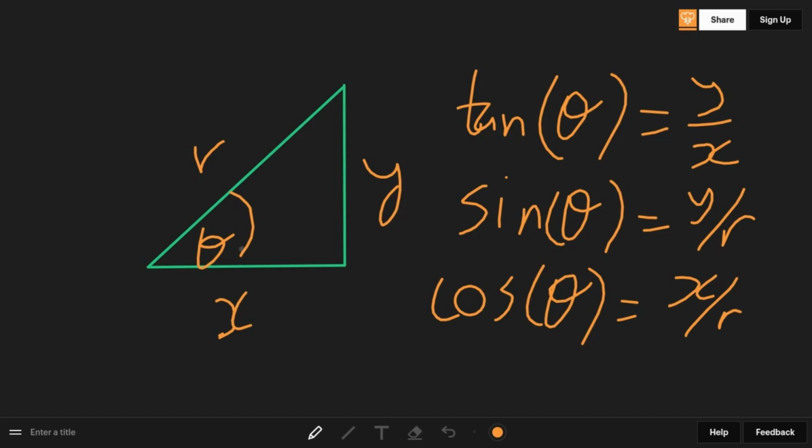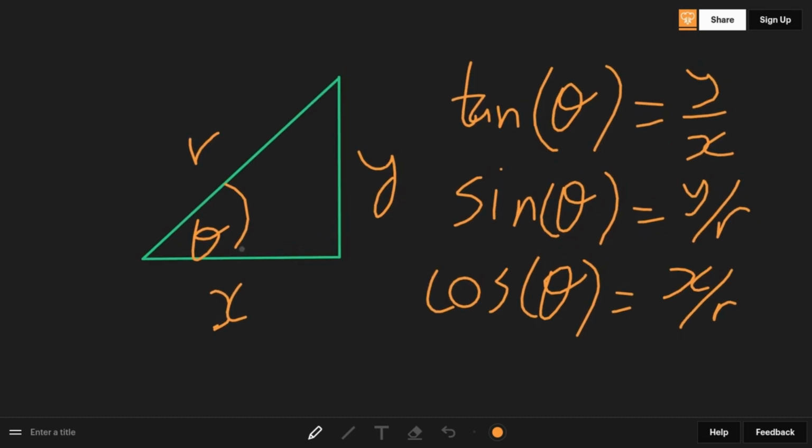If you have the unit circle memorized, it's a good idea. Even if you don't have it memorized, just be able to recall it, because a lot of the problems, that's going to be helpful.